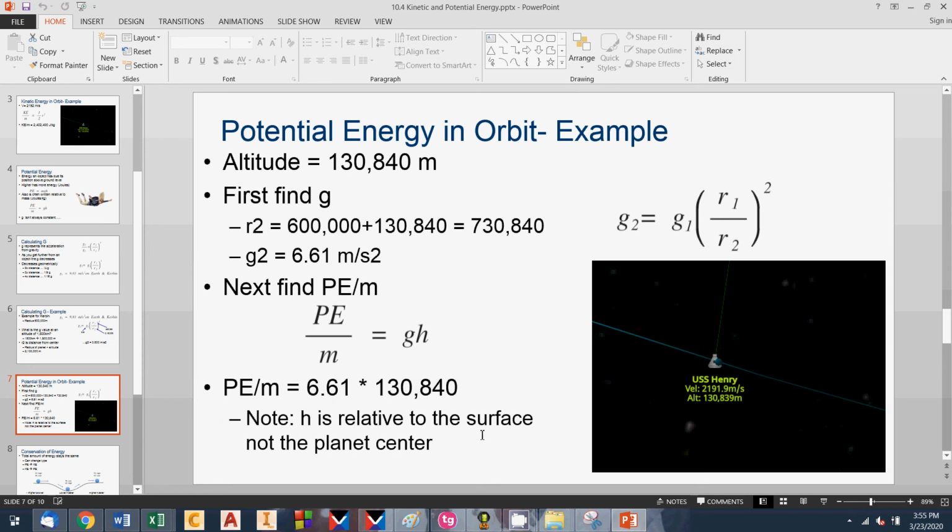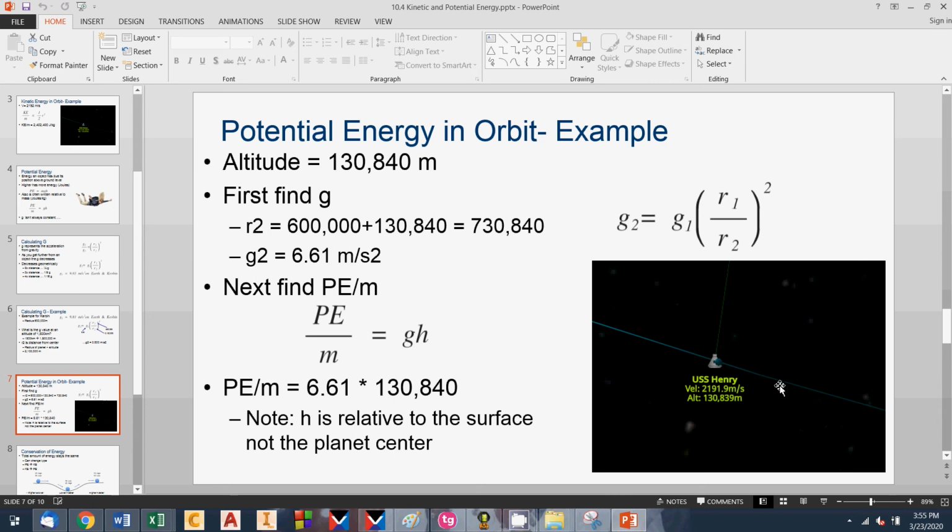Notice height is relative to the surface, while my radius is relative to the center. Those are the differences between the H and the R's. So when I multiply this all together, I can find my potential energy per kilogram. All right.